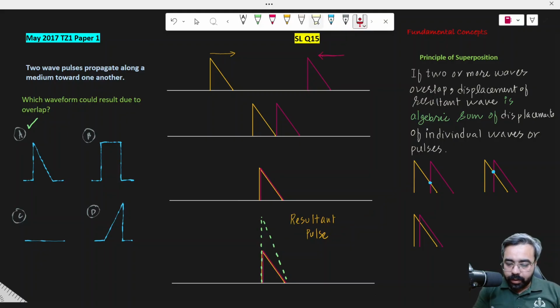And at a later time, they are almost perfectly overlapping with one another. At that point, their resultant displacement will represent this point of the resultant wave, and finally they will be in this form, and then they will produce this type of pulse. So I hope you understand this solution.